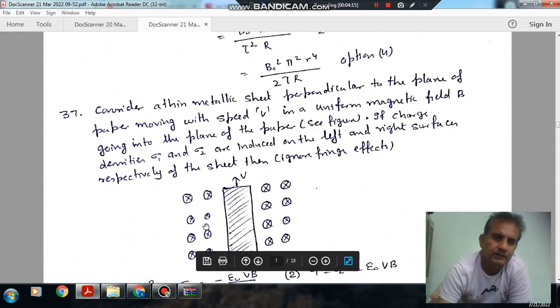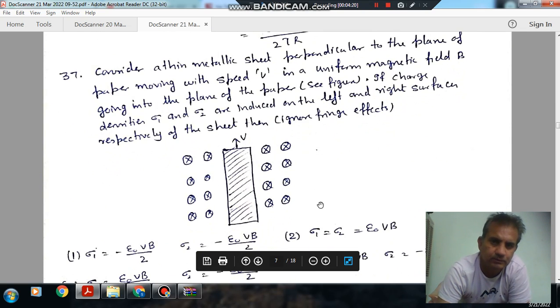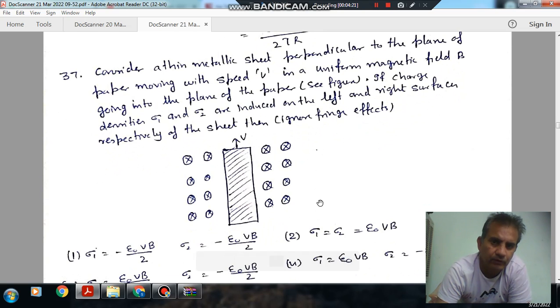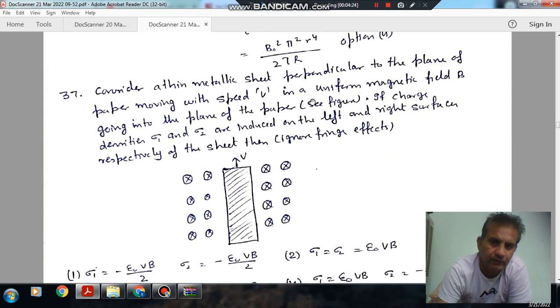Next, consider a thin metallic sheet perpendicular to the plane of paper moving with speed v in a uniform magnetic field B going into the plane of paper, see figure.